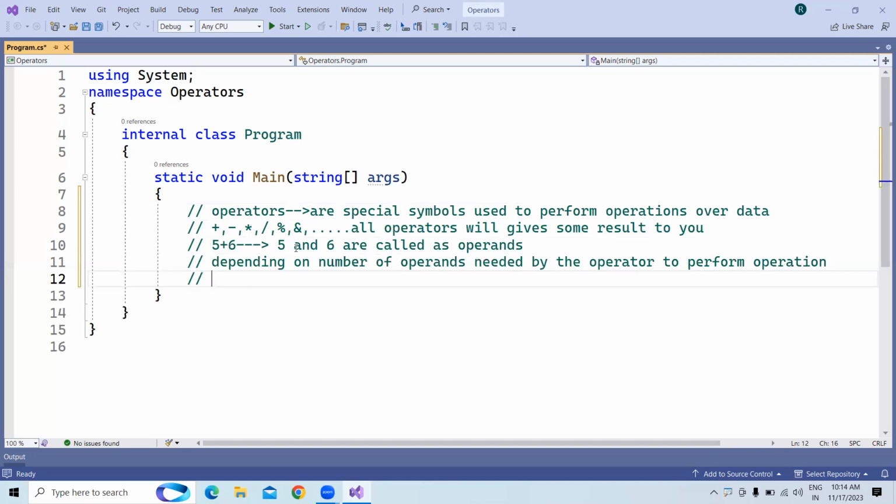If an operator needs two operands, it is called a binary operator. If an operator needs a single operand, it is called a unary operator.